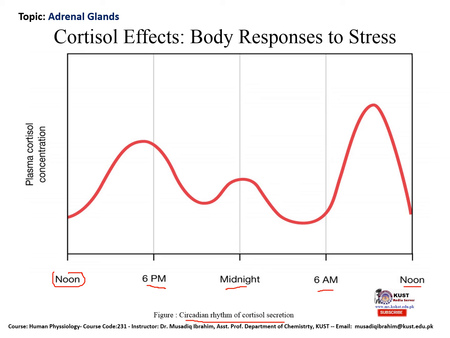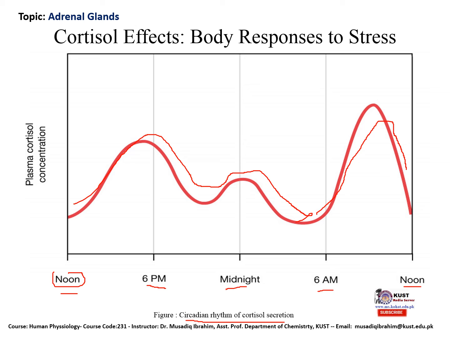So you can see that there is an increase, then a decrease, then a certain increase, and then a lot of decrease, and then a large increase in the amount of the secretion of cortisol taking place in the human body. So let's start from the noon, which is from 12 o'clock.